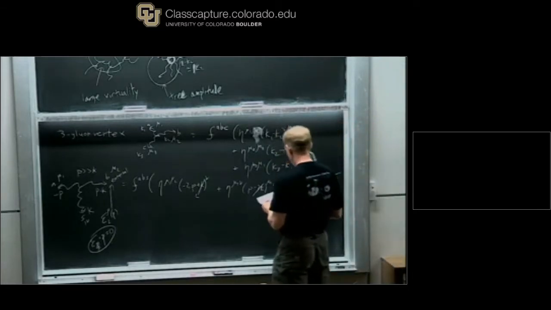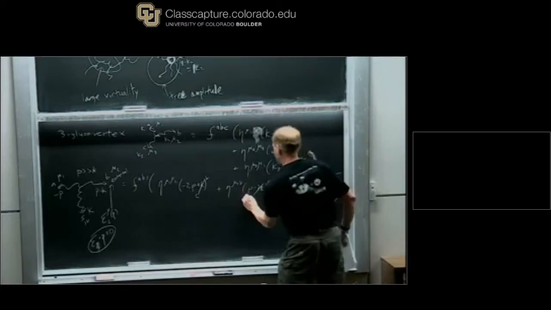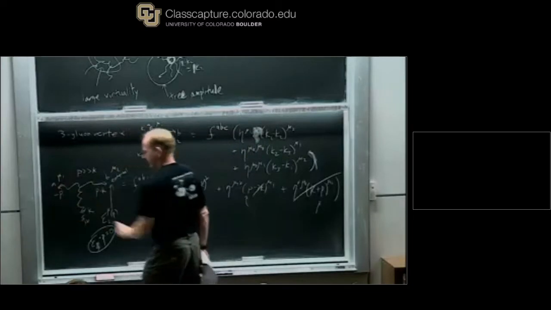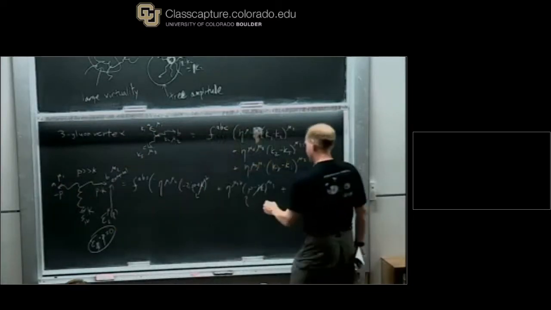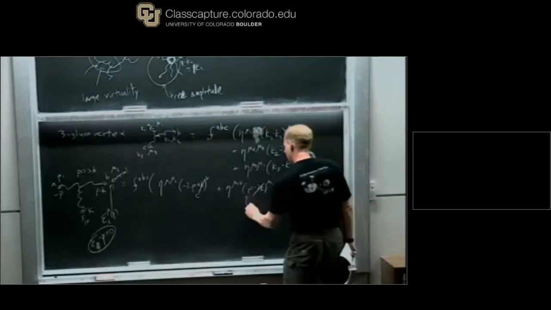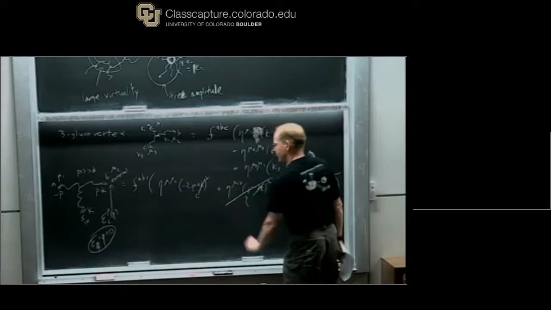Also, this p is contracted with indices in here, and now I'm going to make a clever choice of gauge where that propagator is treated transversely, and then I can drop these terms.